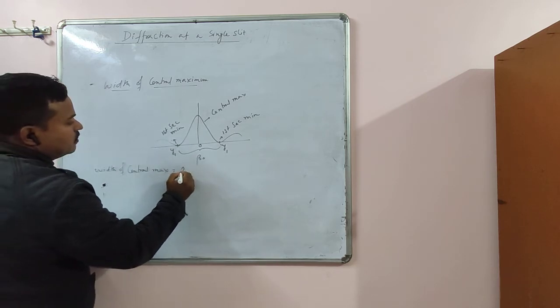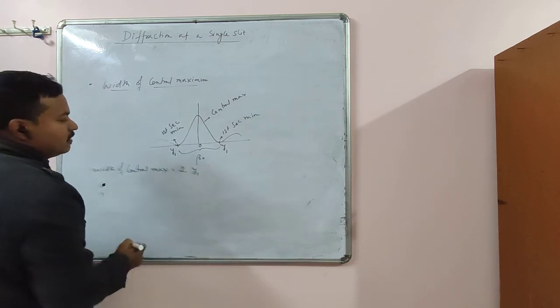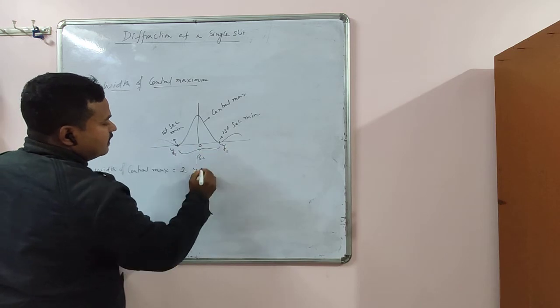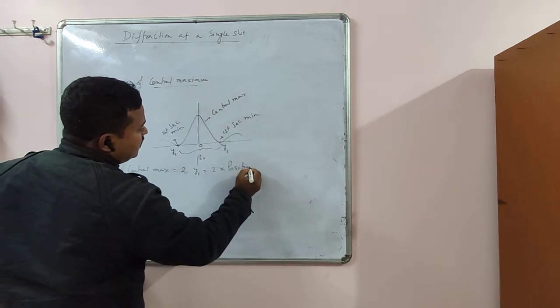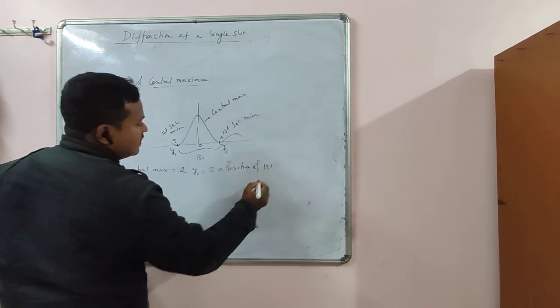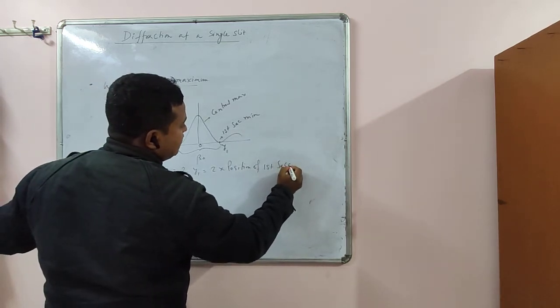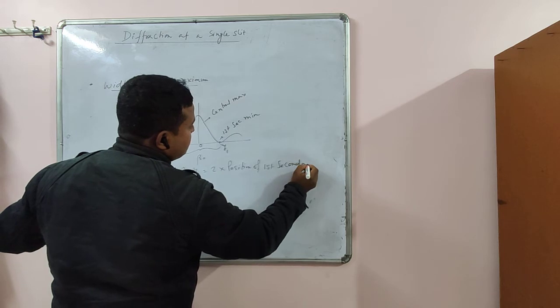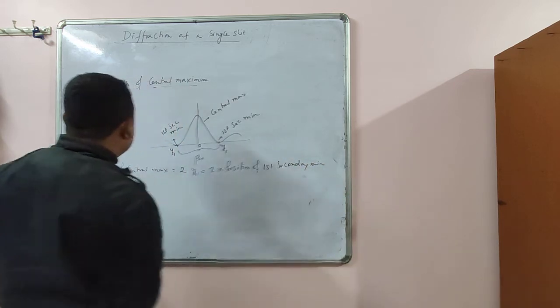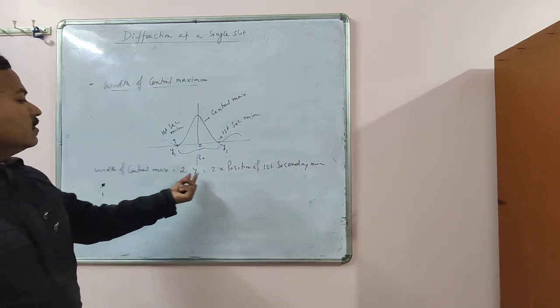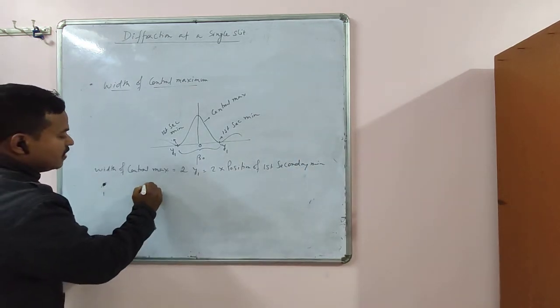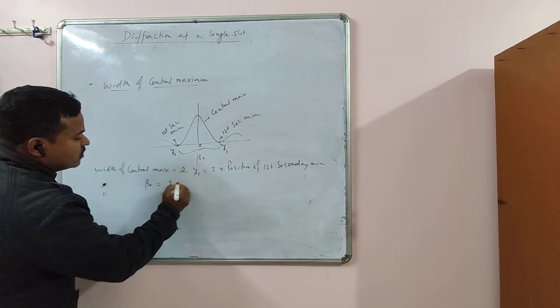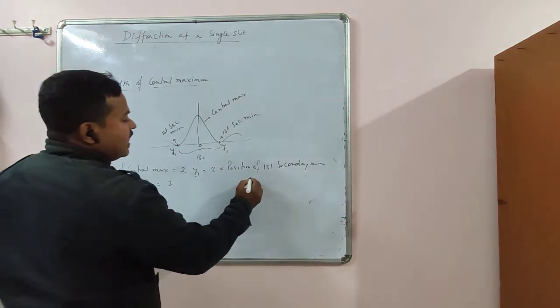is equal to 2 into y1. That means from here to here, it is 2 times the position of the first secondary minima. So you can write beta naught is equal to twice y1.